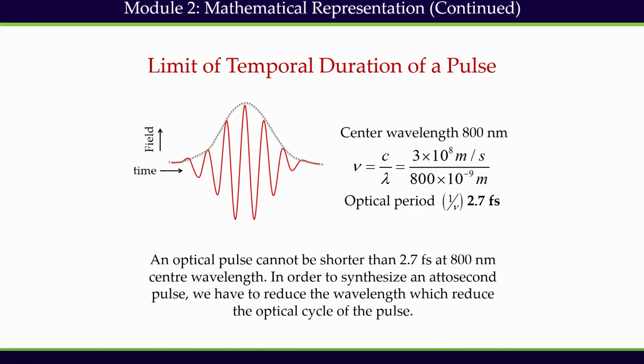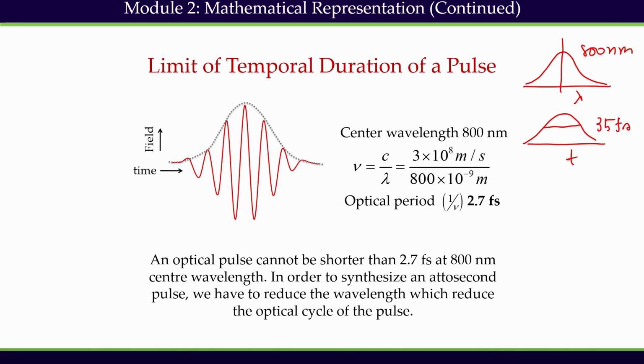But one question is obvious right now. When you say that I have a pulse centered at 800 nanometer, this is my pulse spectrum, and the temporal width, this time domain representation, is going to be here, and this is, let's say, 35 femtosecond. So this is the specification.